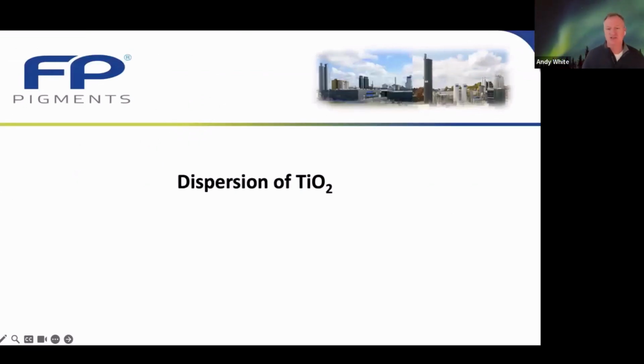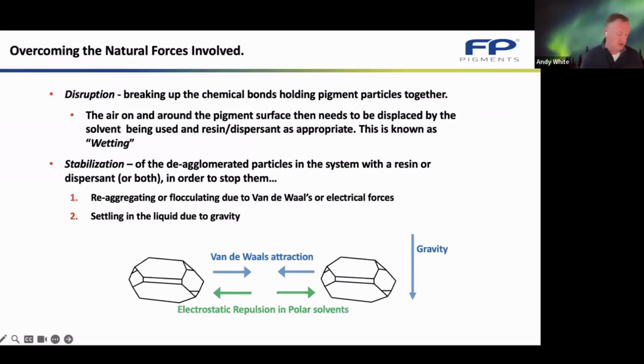So now talking about dispersion of TiO2. Essentially, when you're trying to disperse it, like with any other pigment, you're trying to break the bonds holding the particles together and then stabilize them. Once you disperse them, you're trying to stop the van der Waals attraction pulling them back together. And if you pull them back together, gravity is what's going to make the paint settle.